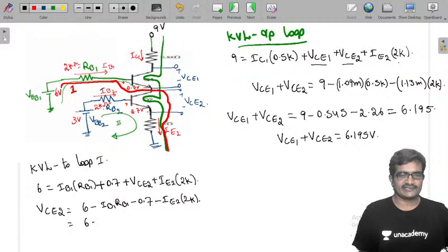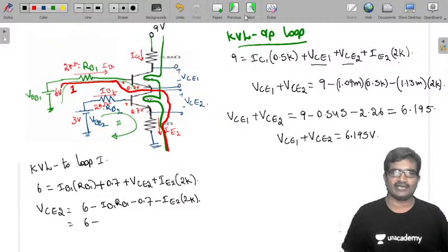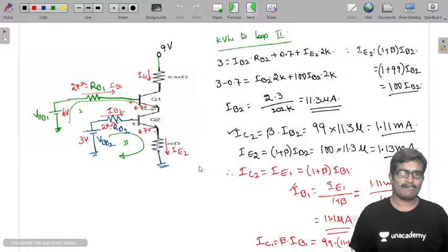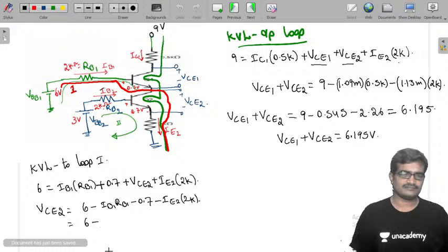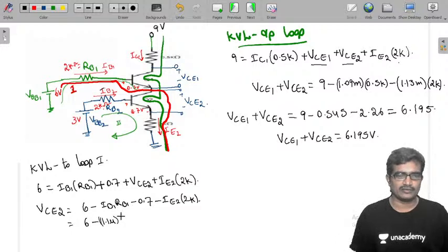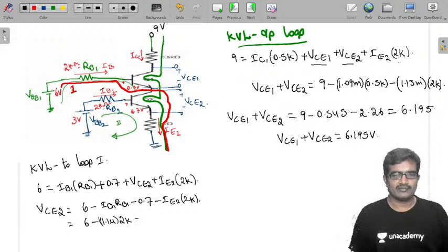We know the IB1 value: IB1 is 11.1 micro. 11.1 micro into RB1, which is 2 kilo ohms, minus 0.7 minus IE2 into 2K.